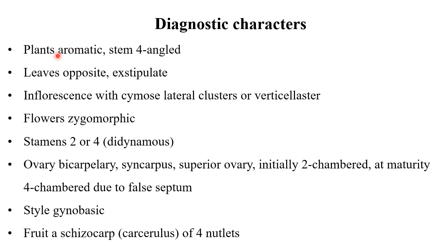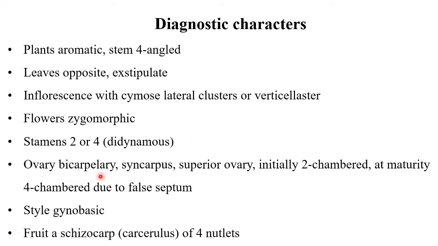Now we will discuss diagnostic characters. Plants are aromatic, stem is 4-angled, leaves opposite and exstipulate, inflorescence with cymose lateral clusters, or a special type that is called a verticillaster. Flowers are zygomorphic, stamens 2 or 4. If they are 4, then they are didynamous, where 2 short and 2 long filaments are seen.